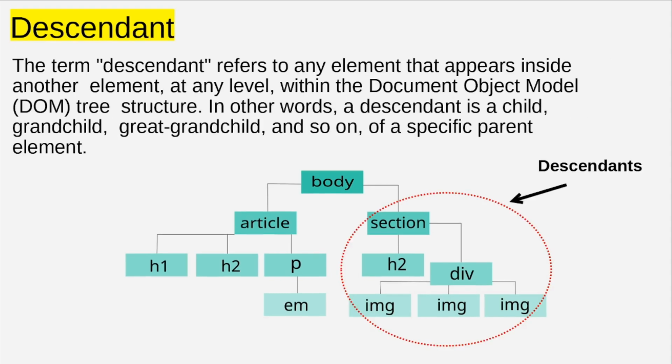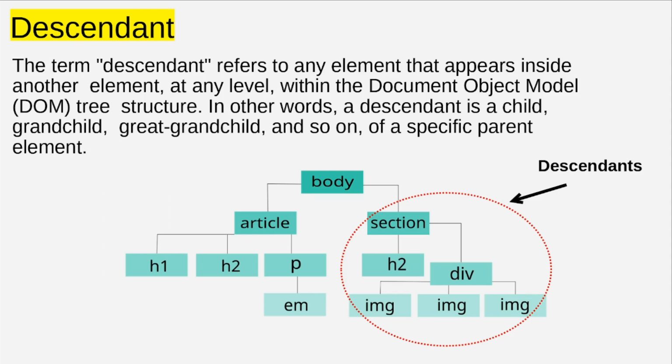The term descendant refers to any element that appears inside another element at any level within the document object model. In other words, a descendant is a child, grandchild, great-grandchild, and so on of a specific parent element. In the chart here, we have all the elements that are under the body, which are the section and the h2, the div, and the images.